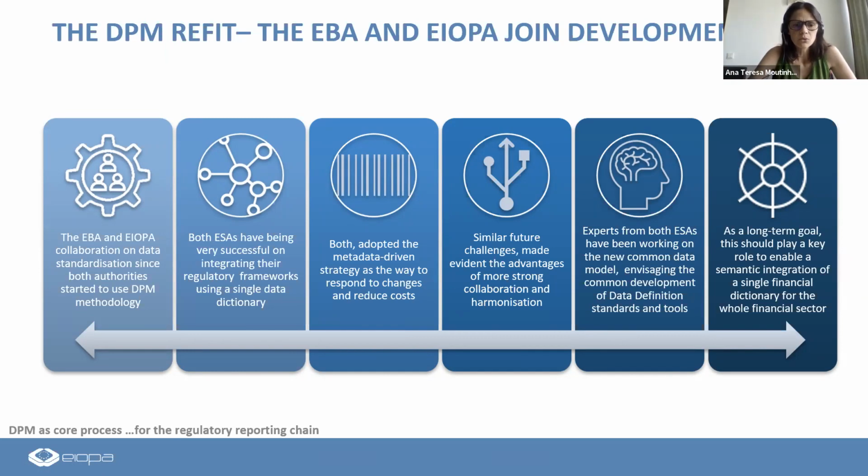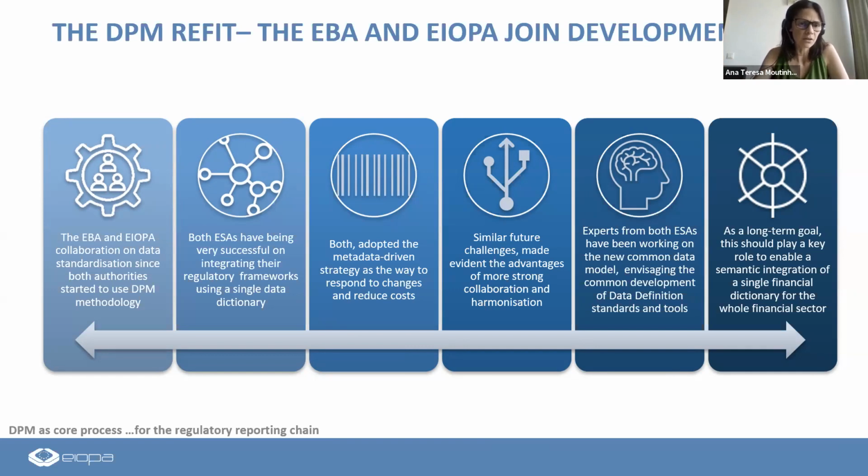It means that both EIOPA and EBA collaborated on data standardization. We both used the data point modeling methodology. We were both very successful in integrating our regulatory frameworks using a single data dictionary. I mean, in our case, as I just explained, for different aspects of insurance, for IORPs, for PEPP. And PEPP, remember, is actually the first one which is at the end cross-sectoral, because entities from the three financial sectors can actually offer PEPP.